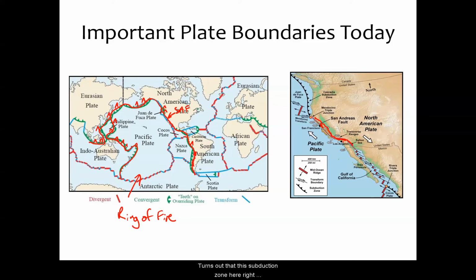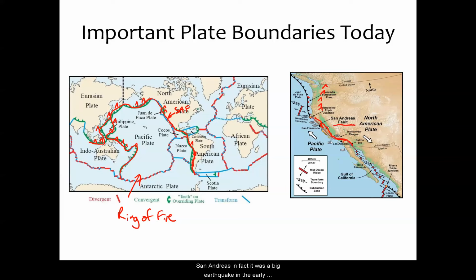Turns out that this subduction zone here, that can feed the volcanoes in the Pacific Northwest, is also going to have some potential effects on the Oregon and Washington coast as well. This whole region is at risk from tsunamis because of the potential for earthquakes offshore here. We've had huge earthquakes in the recent history of the San Andreas.